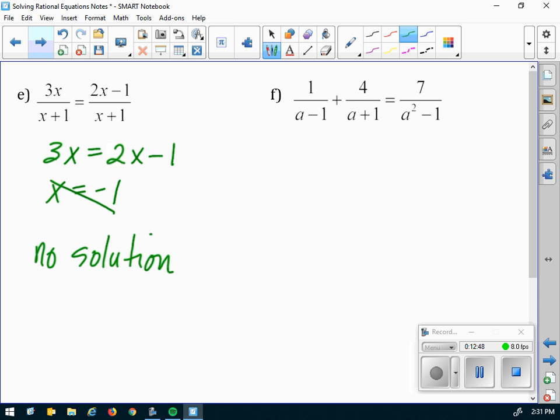F. I've got a difference of 2 squares. A squared minus 1.